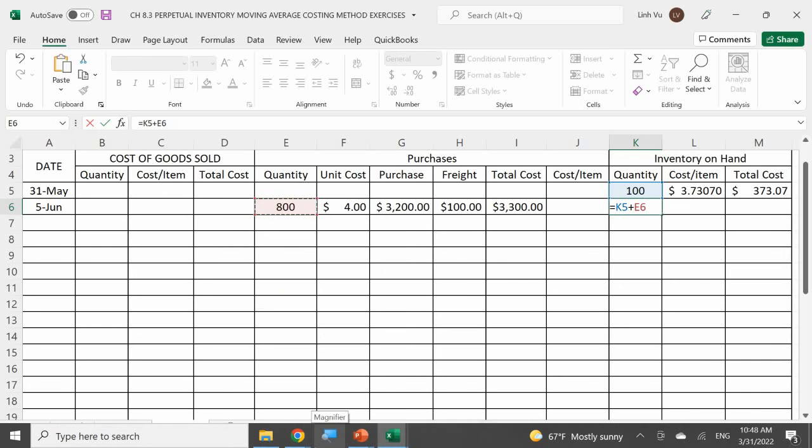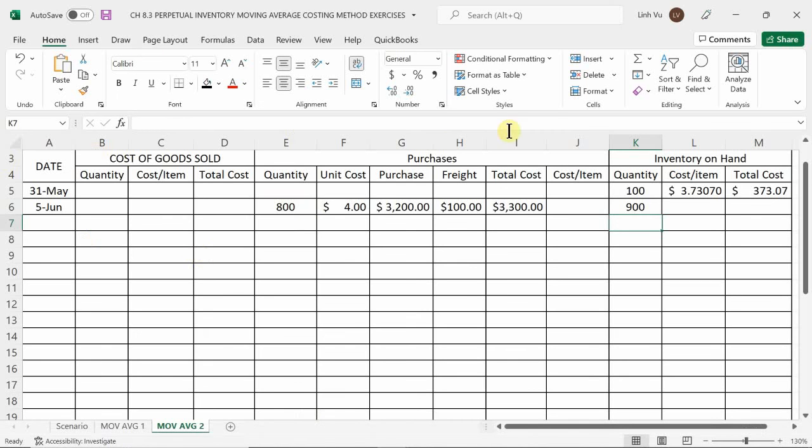So how much should I actually have right now in my quantity? The total? 900. You should have 900 units. So do you see that? I just popped it into my inventory worksheet right away. Instead of having to do all the calculations in the middle, I'm just going to add them up right here.